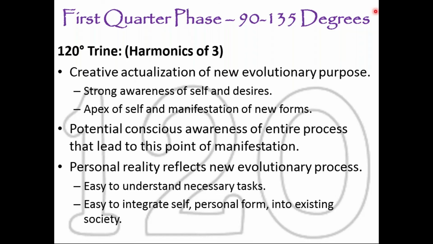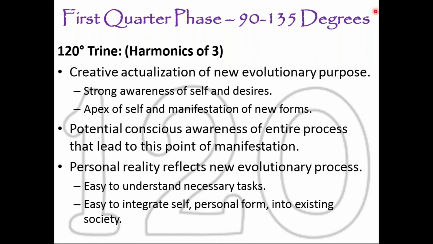Here's the fullness of self creating those desires from that conjunction point. That 120-degree mark is the apex of self. It's 0 degrees Leo in the natural zodiac, okay? So here's where we are full of self. And there is a potential to be consciously aware of the entire process, the 0 to 120, that led to this point of being able to manifest these desires.